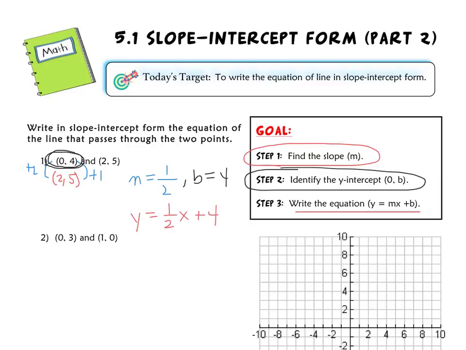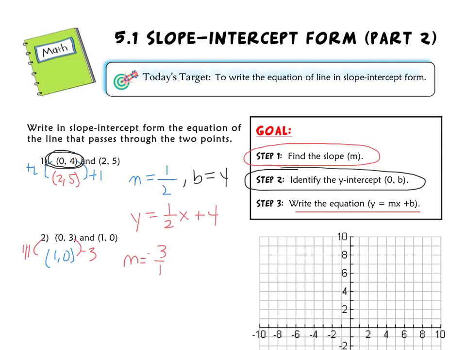So in example 2, I'm going to rewrite the 1, 0 underneath the first point. I'm noticing that I'm going down 3, so from 3 to 0 is minus 3, and then from 0 to 1 is up 1, so I'm going up 1. Okay, and so therefore m is equal to a negative 3 over 1.